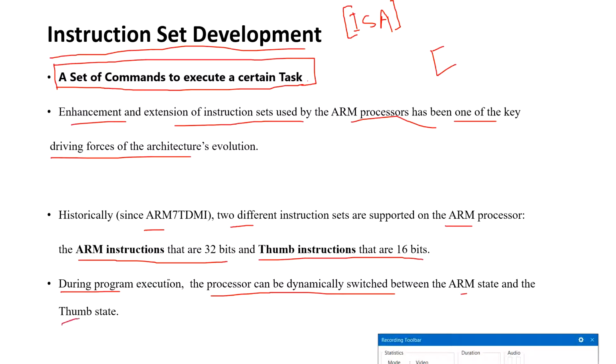That's why ARM is very, very powerful. Why? Because you are using ARM instructions and a processor which can execute 32-bit and 16-bit simultaneously. So it becomes very important to know that ARM is very, very powerful.